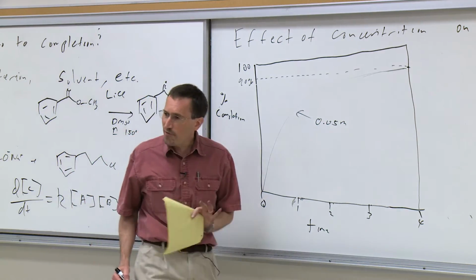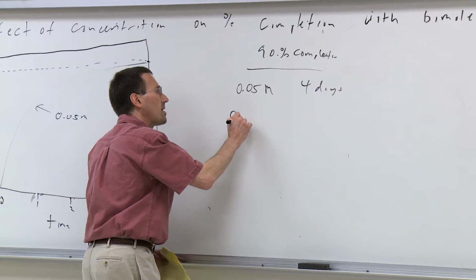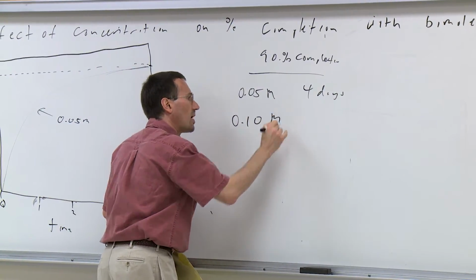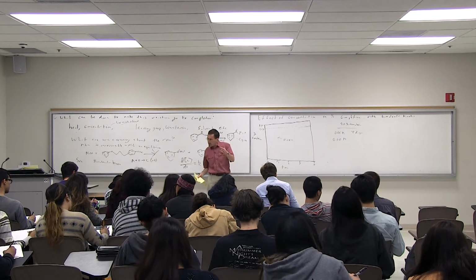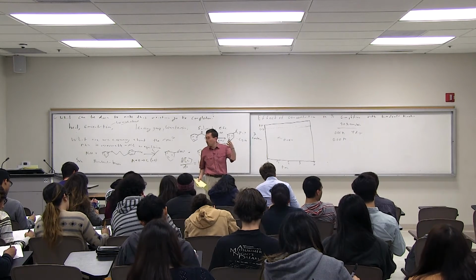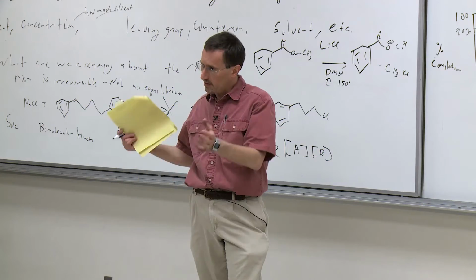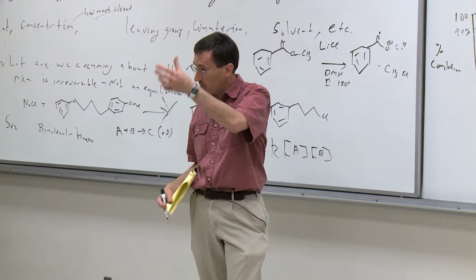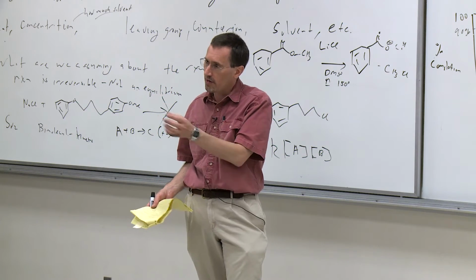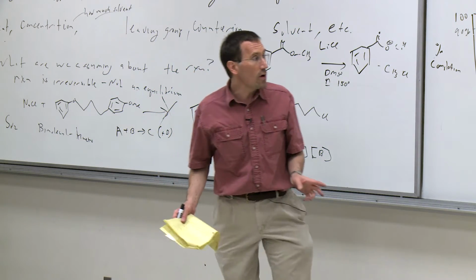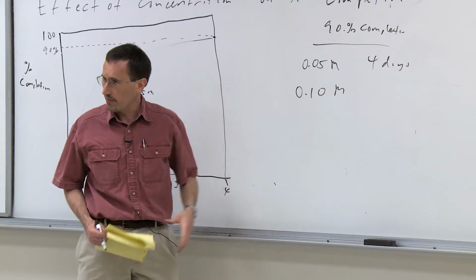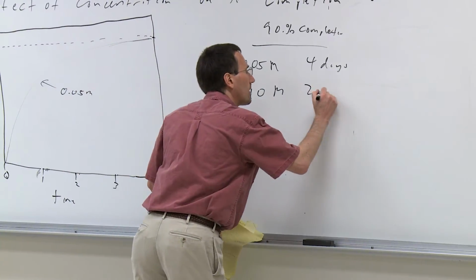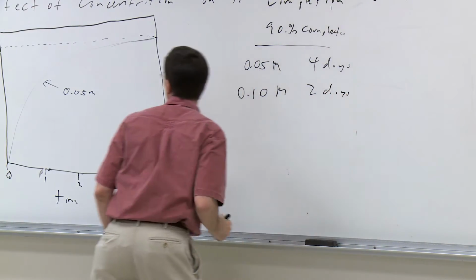Now imagine for a moment that we ran the reaction twice as concentrated. If you run the reaction twice as concentrated, it goes 4 times as fast, but you're using half the volume, so that throws in a factor of 2. So instead of taking 4 days to get to 90% completion, it takes 2 days.